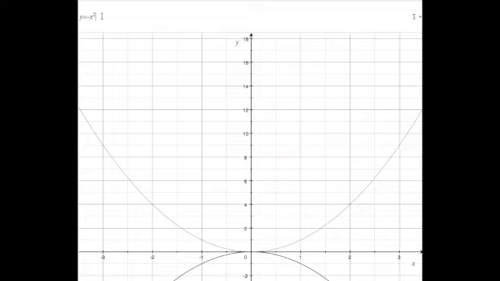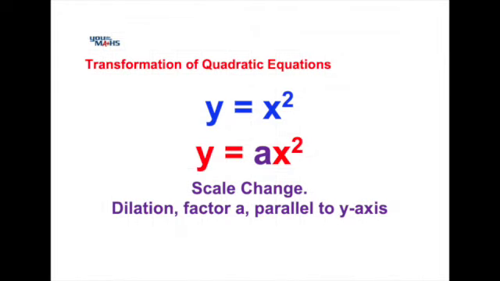So let's have a look at the changes that occur when we multiply x squared by some value. If we multiply x squared by a factor a, where a is positive and greater than 1, what we see is a parabola that becomes narrower or steeper because all of the y values are changing by that factor a.